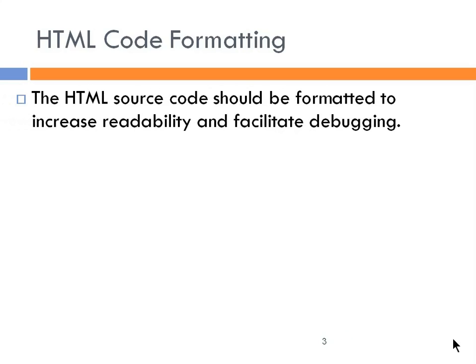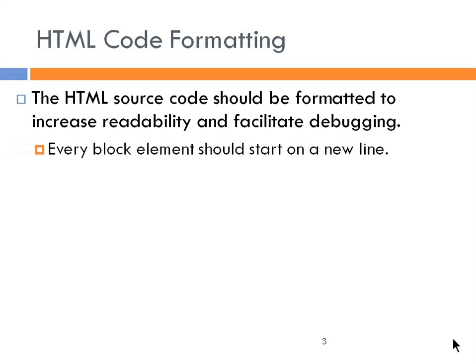The HTML source code should be formatted to increase readability and facilitate debugging. As I have already told you, if the HTML code is formatted properly, then debugging is easy and the readability of the code is also easy.